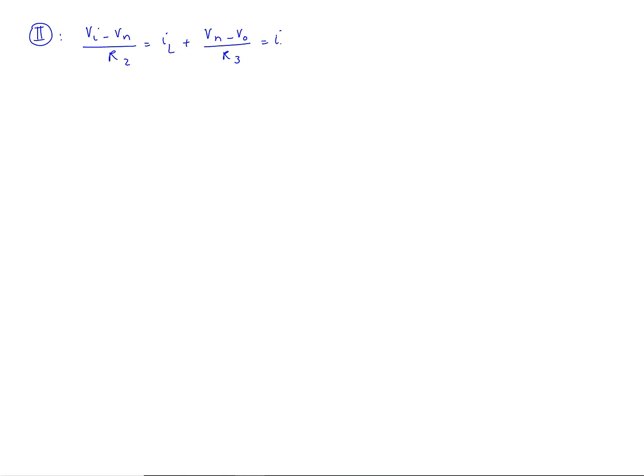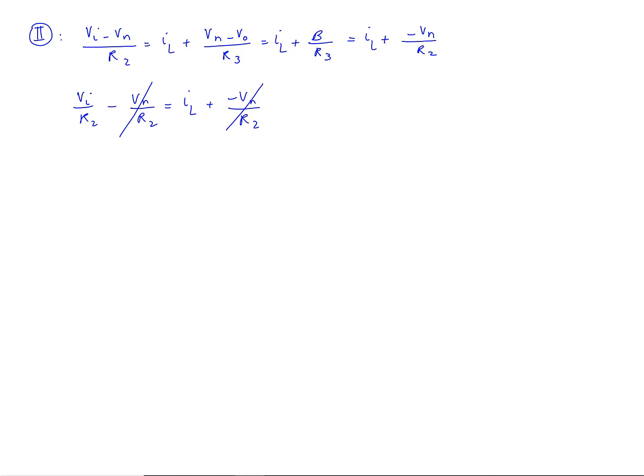That is equal to IL plus B divided by R3. I named the expression of Vn minus Vout as B, and that's going to be equal to IL plus negative Vn divided by R2. So I have Vi divided by R2 minus Vn divided by R2 equals IL plus negative Vn divided by R2.